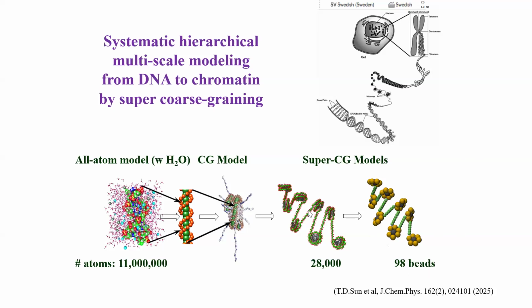But then this is constructed from a coarse grain model which contains 28,000 beads. And the original all-atom simulation, which corresponds to this size of the system, it would have 11 million atoms. So there's drastic reduction of the size.